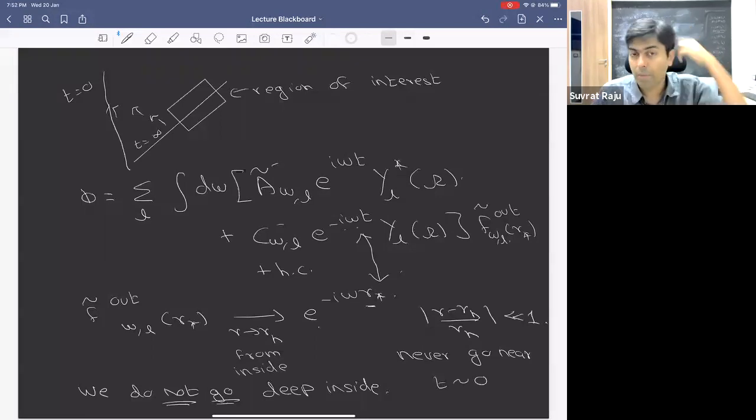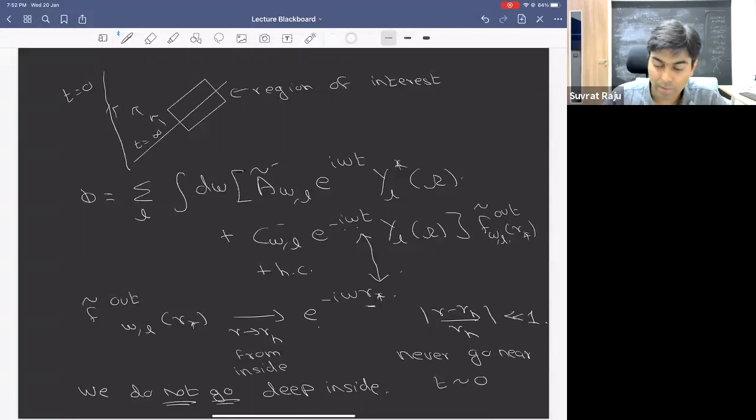So it must be the case that by continuity of the field, the fact that the field is continuous across the horizon, you can equate the terms, the oscillators that multiply e to the minus i omega (t plus r star) outside the horizon and e to the minus i omega (t plus r star) inside the horizon.